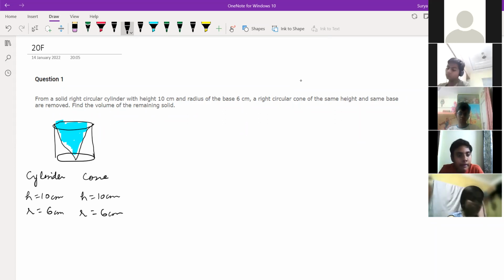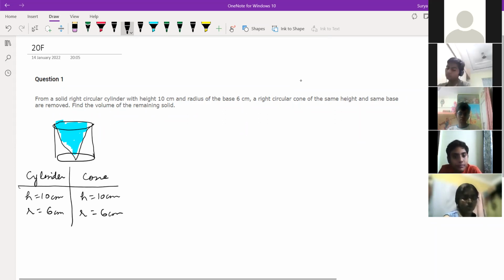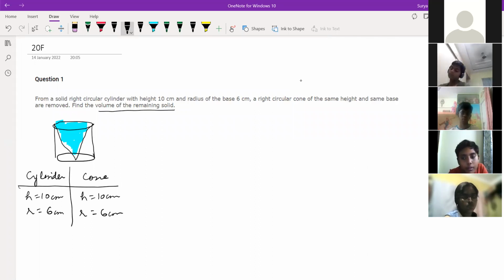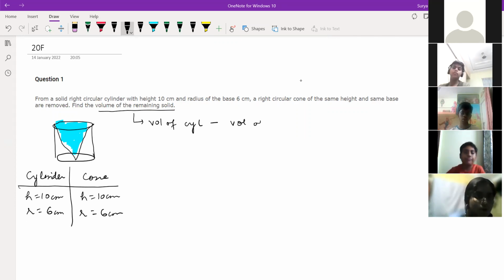There is no change between radius and height of the cone and cylinder. See, both are same. Now find the volume of remaining solid. The volume of remaining solid we can write: volume of cylinder minus volume of cone. Is it clear, children, what I have written here?